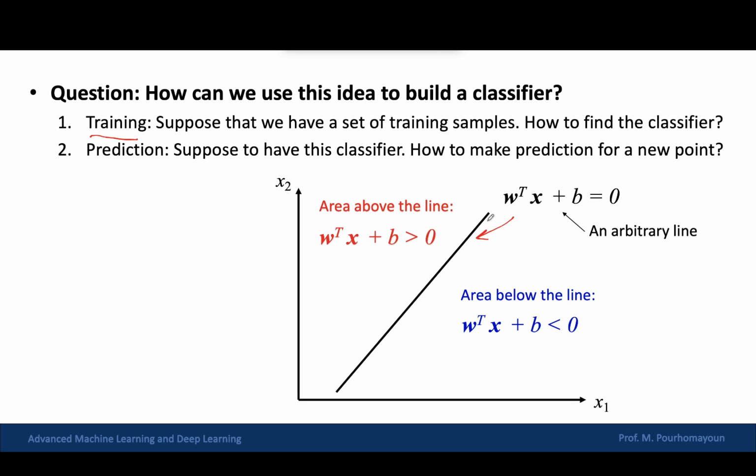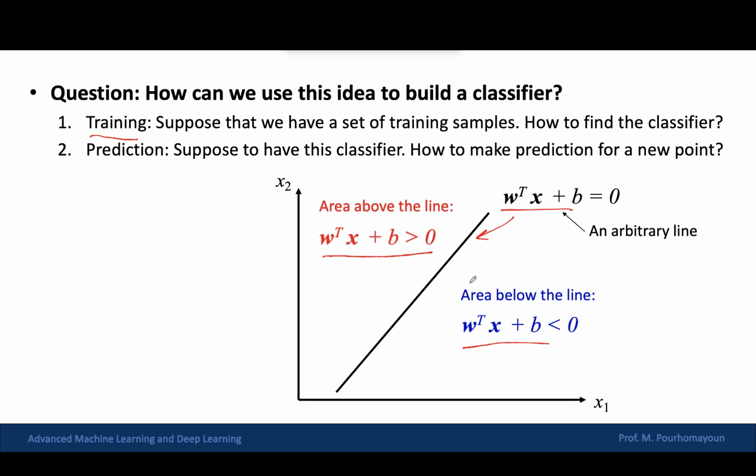So listen carefully. I have to find a line so that if I put positive samples of training in that line, the equation becomes positive. And if I put negative samples of my training set in this equation, the equation becomes negative.